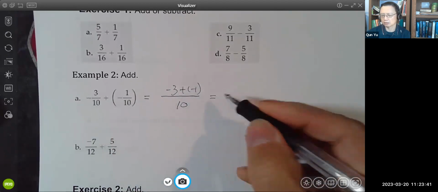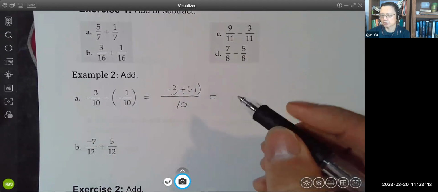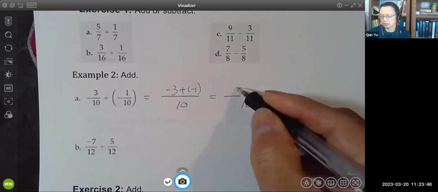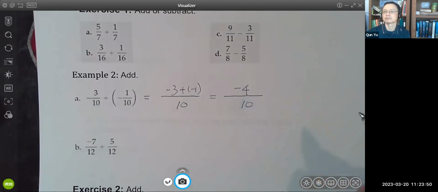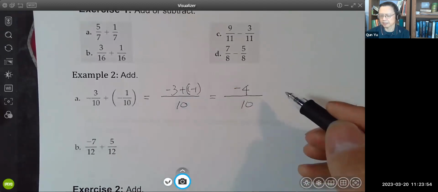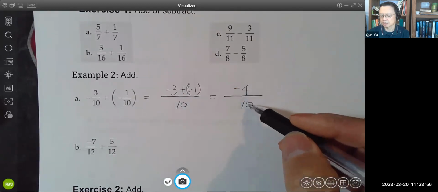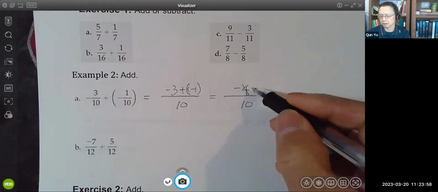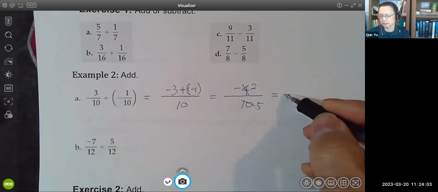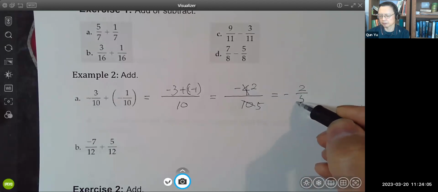So we learned how to add or subtract negative numbers before. So I get -4 on the top. And then we simplify it. Both 4 and 10 can be divided by 2. So we divide by 2 on both sides. The final answer is -2/5.